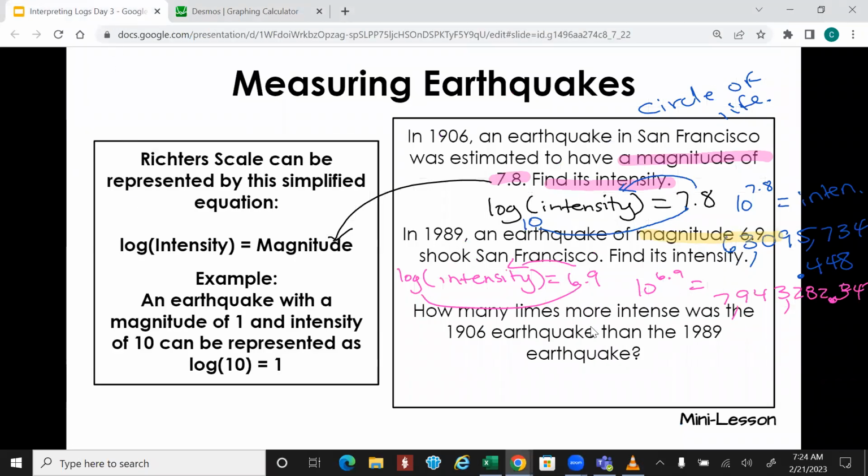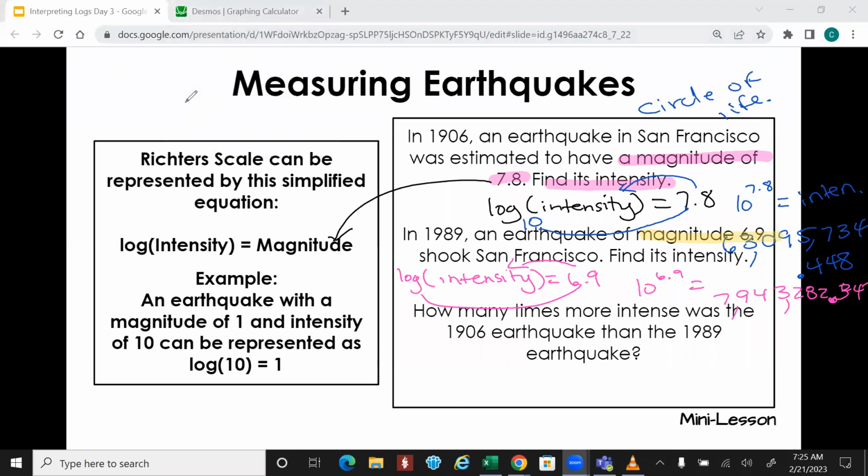Now, this is a question that always pops up on the test. How many times more intense was the 1906 earthquake than the 1989 earthquake? We've got this number up here, we've got this number down here. What we're going to do is divide those.